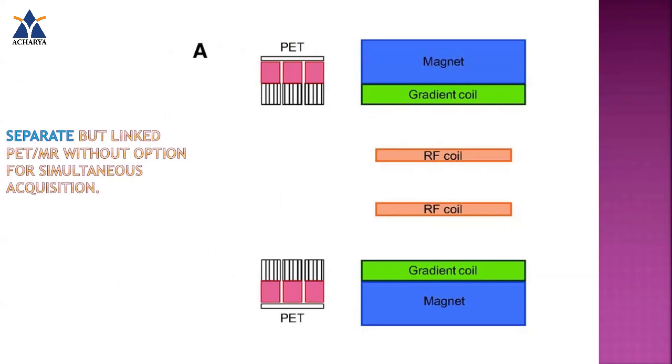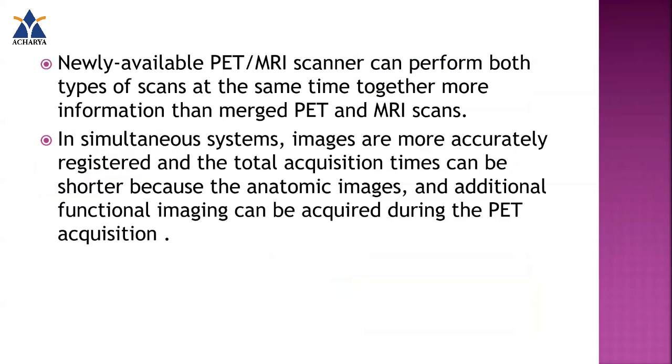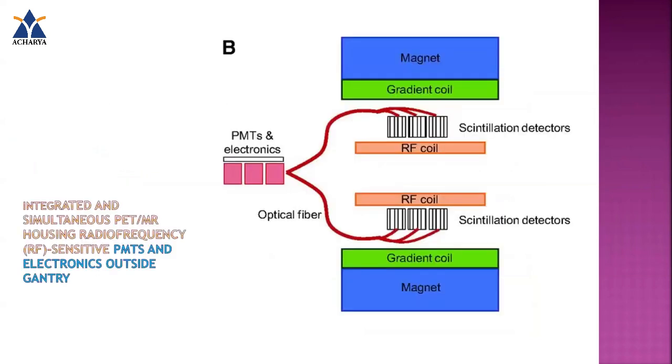Later, there is a modification. In this, some of the components of the PET are combined with the MRI components. Some of the components are kept separate. In this case, what are the components inside the MRI?